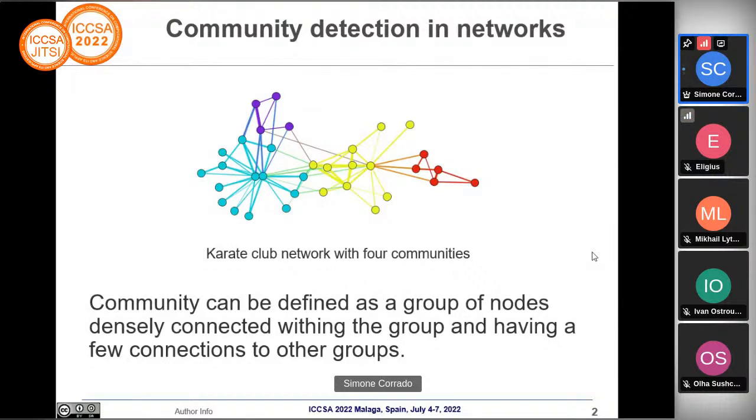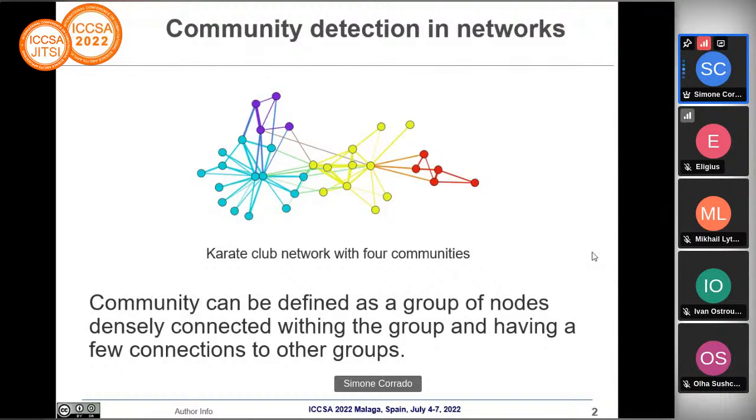While it could be easy to identify them when the network is already plotted in some way, algorithmically it's an interesting and challenging problem how to do that, especially because the notion of community is vaguely defined. So there are possibilities to define it in different ways.